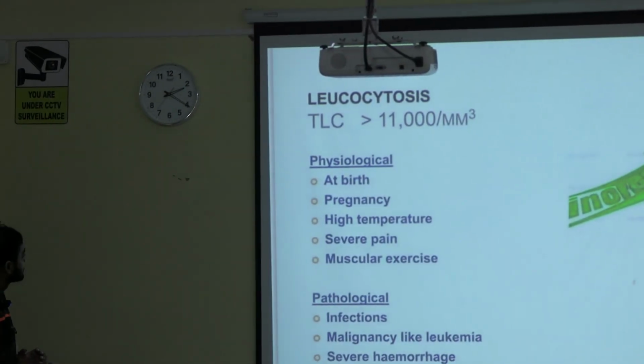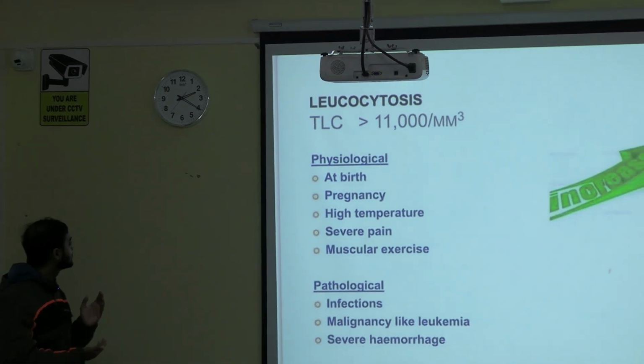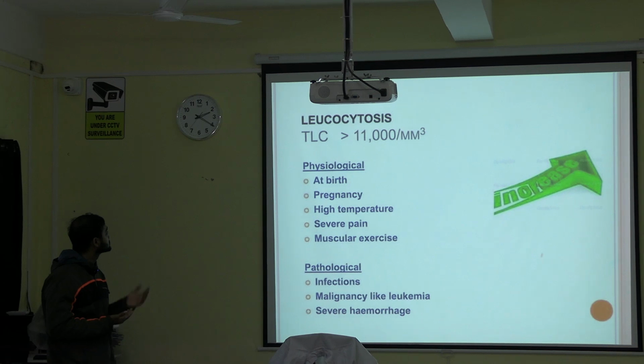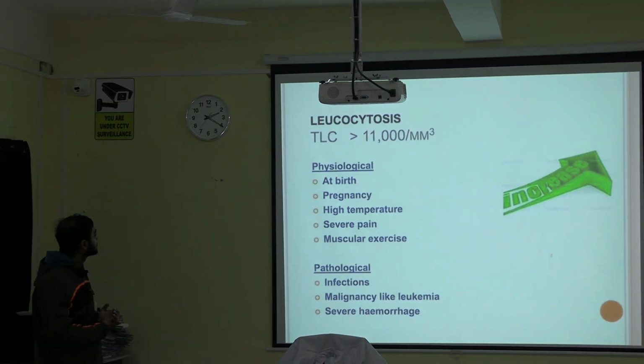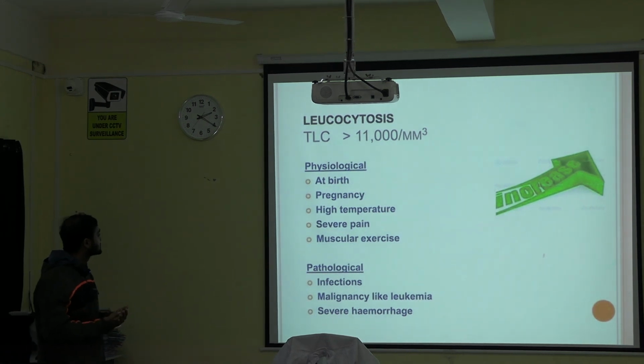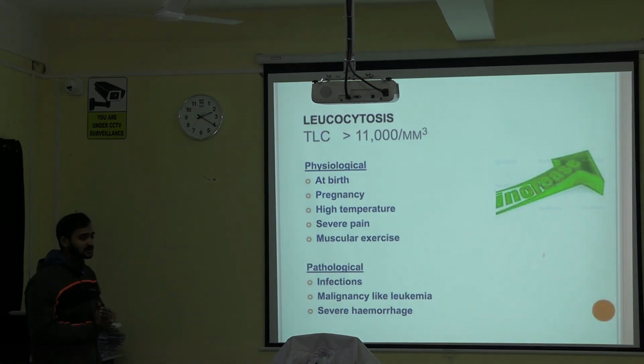So these are mainly the physiological conditions. Like at birth, there is an increase in cell count, so at that time we see an increase in leukocytes. In pregnancy also it increases. Then in high temperature it also increases.